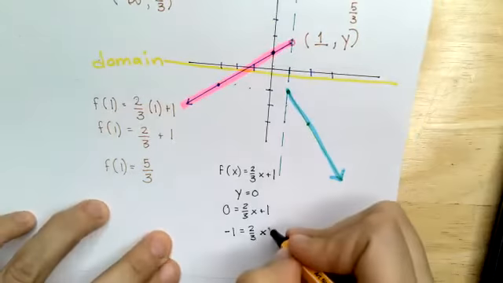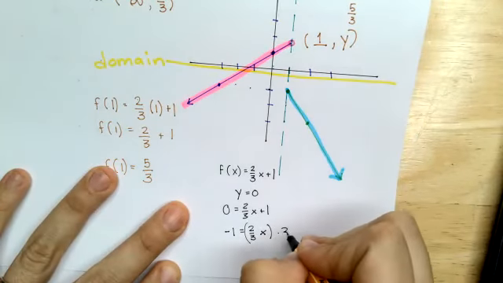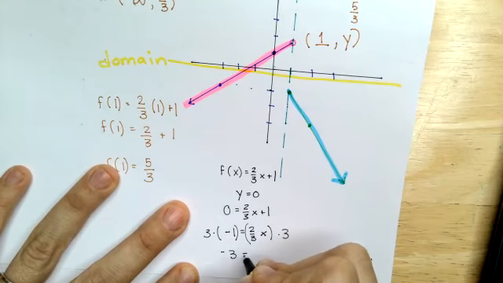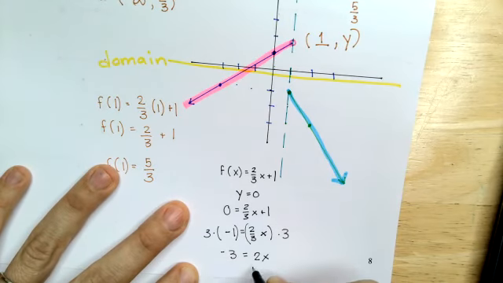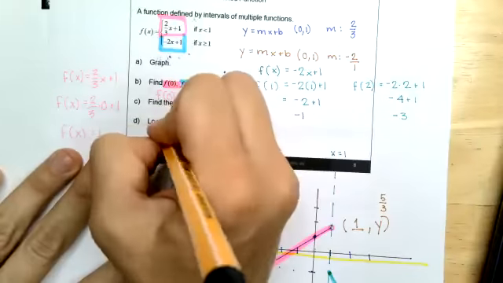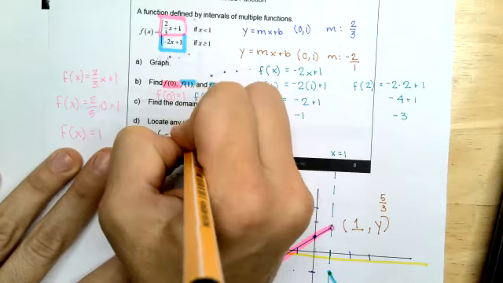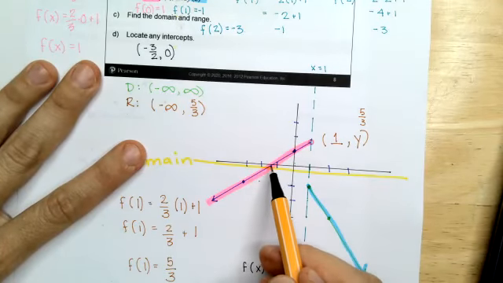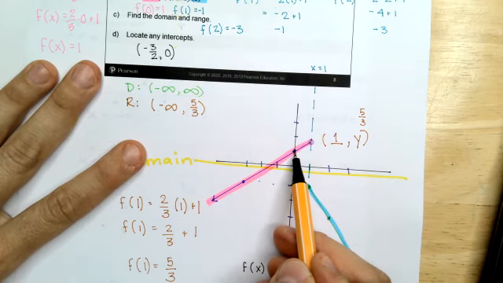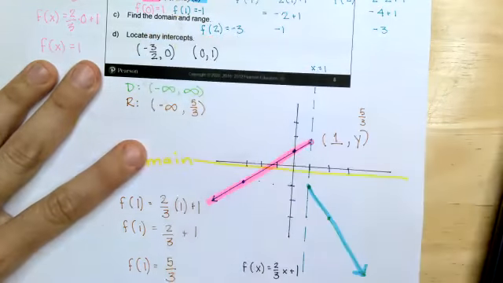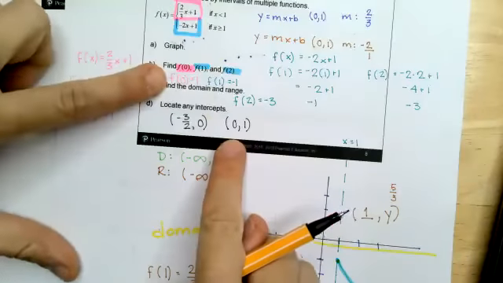Now you're going to multiply by 3. 3 times negative 1 is negative 3. And then divide by 2. So x is negative 3/2 when y is 0. And then when x is 0, what is y? y is 1. Right? So we found that up here.